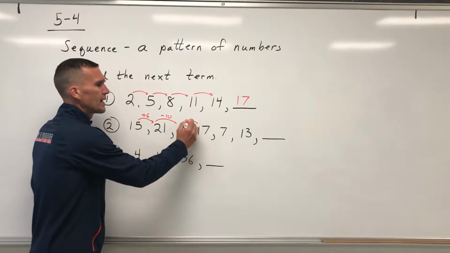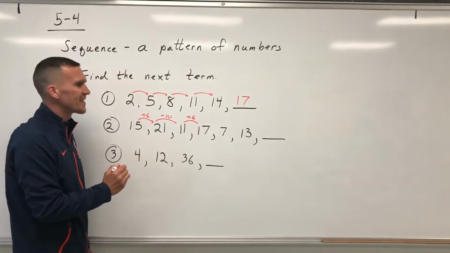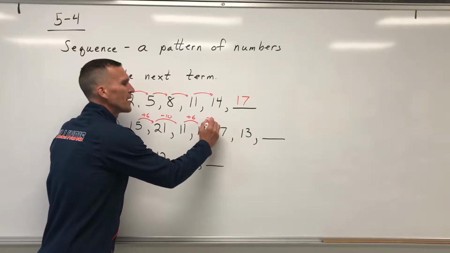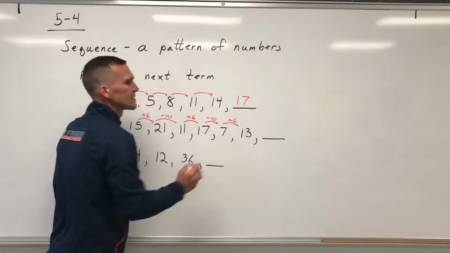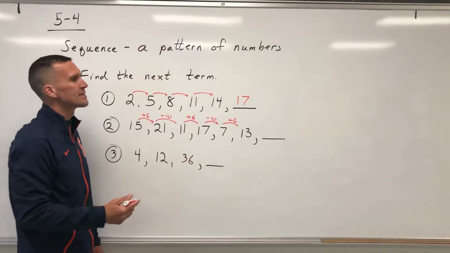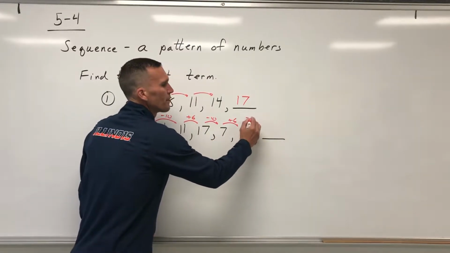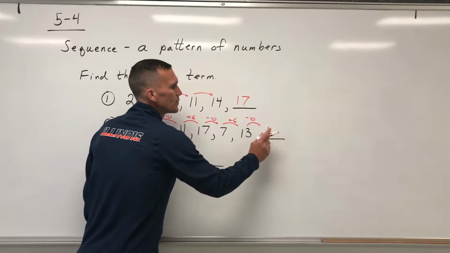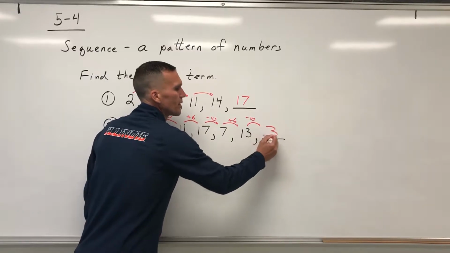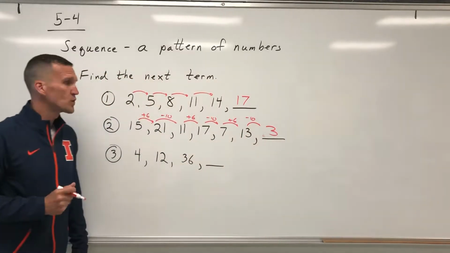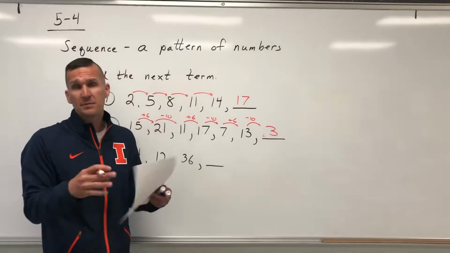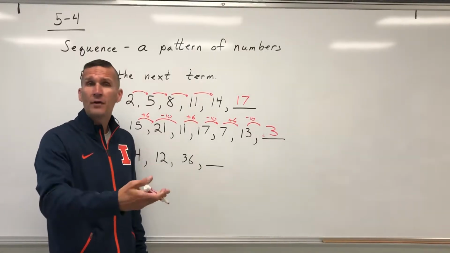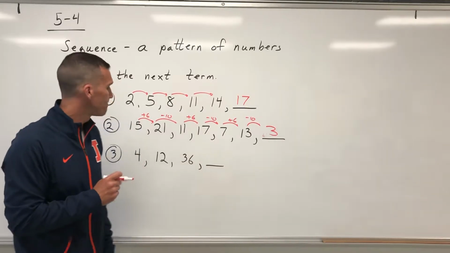But then I added 6 again. Minus 10. Add 6. So what I should do next is minus 10. And when I minus 10, I only get 3. So that would be the pattern. So the pattern can kind of change the pluses and minuses, but as long as you can find a pattern, you can find the next term.